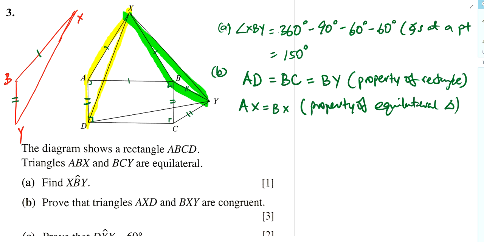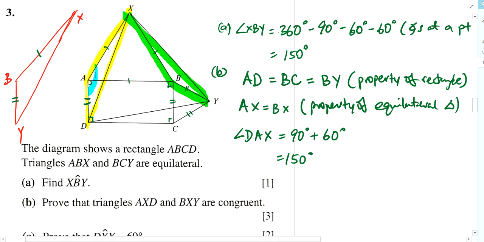BAX. Why BAX? BAX is 90 plus 60. Okay, angle BAX equals to 90 plus 60 degrees. Okay, wait. BAX, all of you need to be able to identify where BAX is. Angle BAX equals angle XBY. DAX is over here.